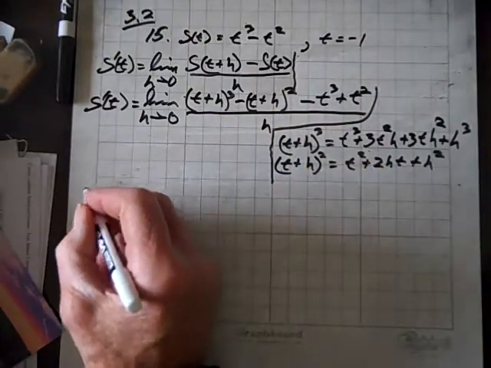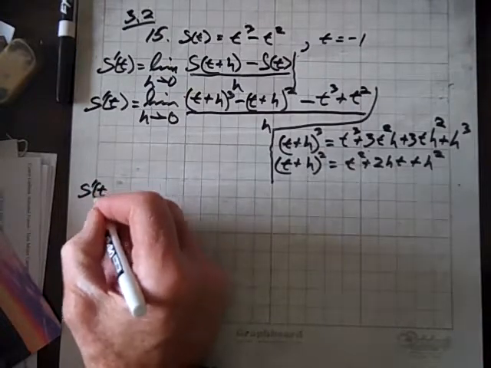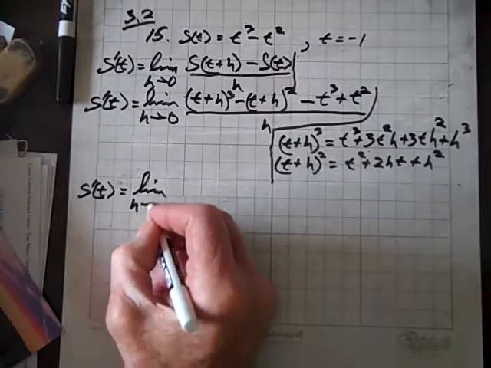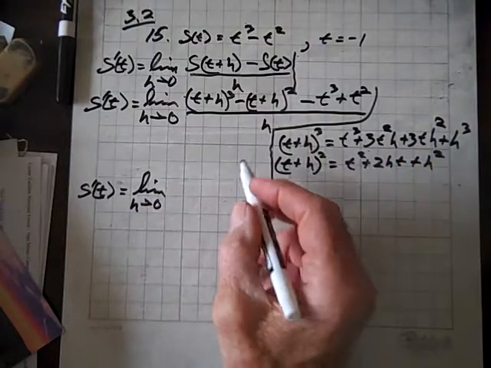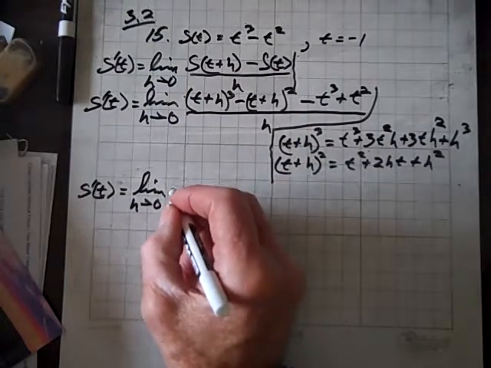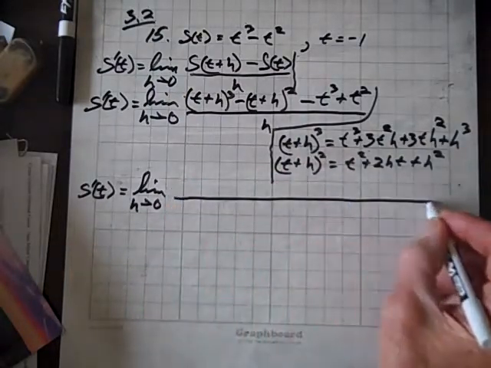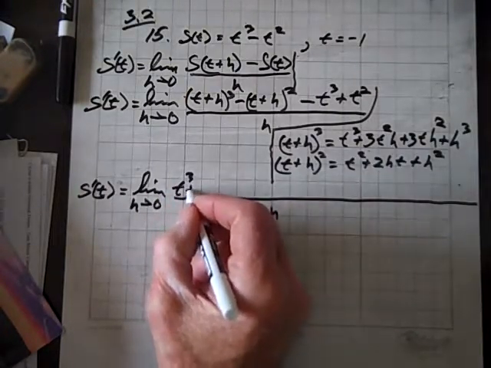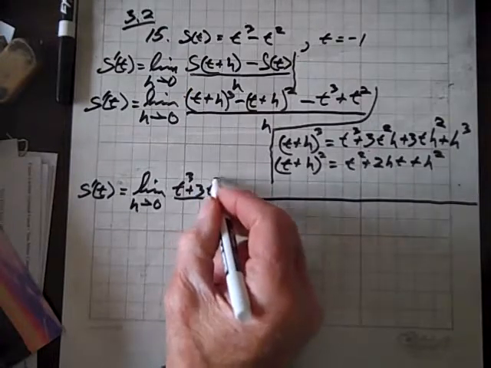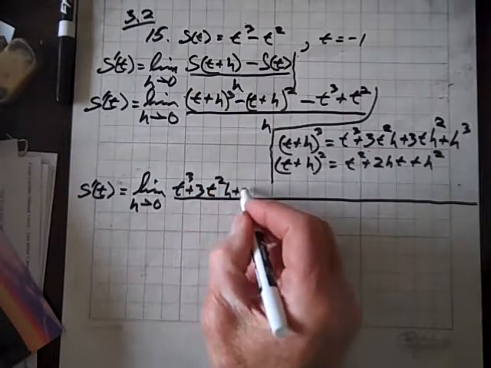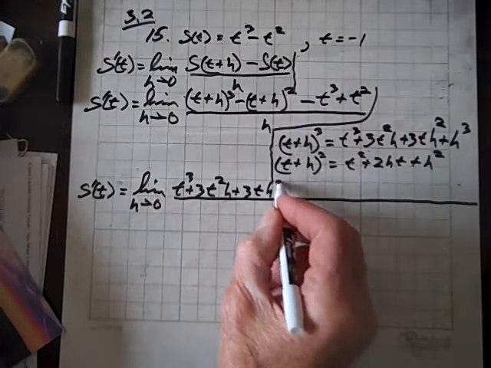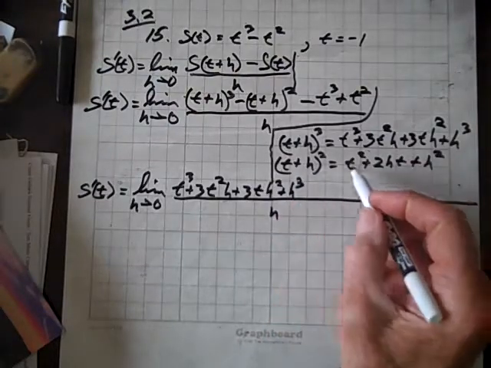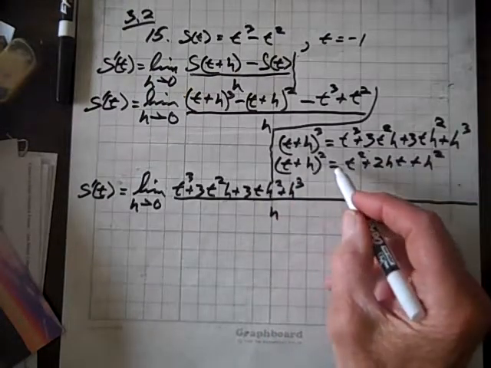Now, let's install these identities in for t plus h cubed and t plus h squared. So now s prime of t equals the limit as h goes to 0 of, and for t plus h, that quantity cubed, we've gotten, by the way, we made a nice long bar here, and h, and I'll put t cubed plus 3t squared h plus 3th squared plus h cubed, and minus t plus h quantity squared.